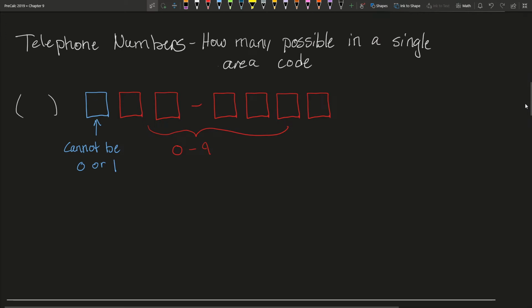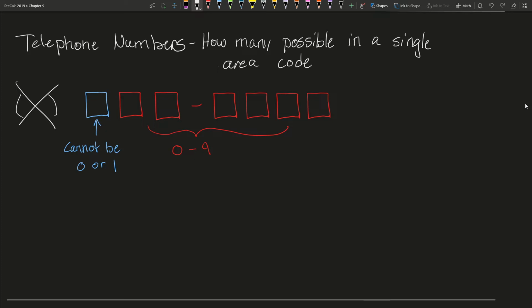All right, so I want to see how many possible telephone numbers there are in a single area code. And there are rules for telephone numbers. Right now we're not worried about the area code. We're in one single area code. The rule is that our first digit cannot be 0 or 1, and it obviously has to be a single number, so not like 10, 11, 12, or 100.